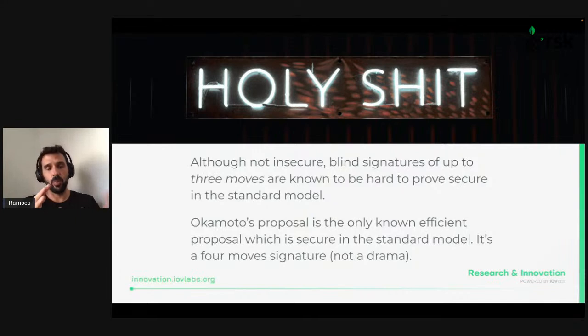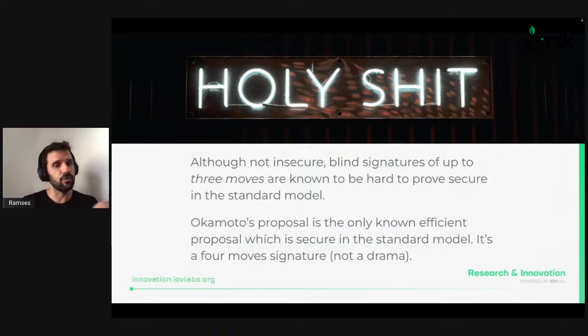If you want to prove that something is really secure and extremely hard to break, you get this conclusion when you prove it's secure in the standard model. But the problem is that it's proven that blind signatures of three moves or less, which is the common case, are hard to prove secure in the standard model. It's somehow like Gödel's theorem, somehow.